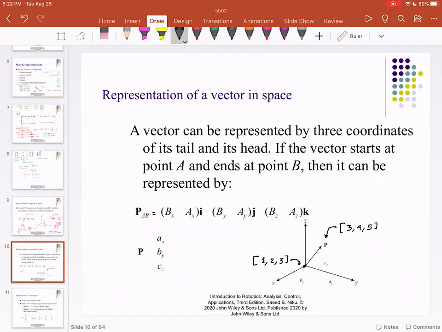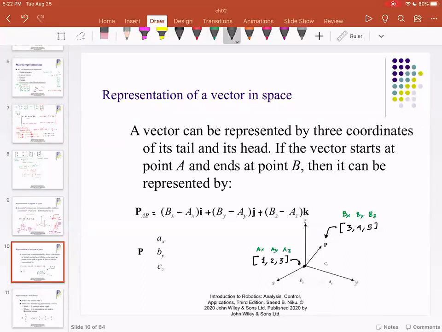So I can say this is Bx, By, Bz, and this is Ax, Ay, Az.